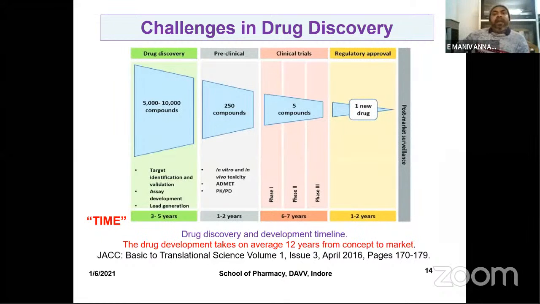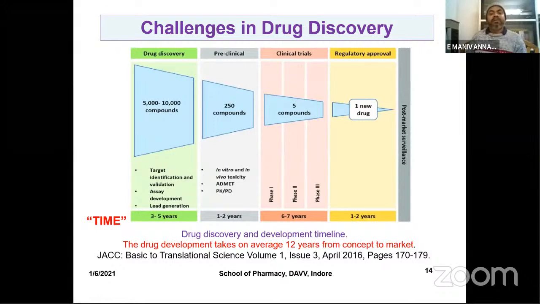Now, the second factor in challenges in drug discovery is the time factor. The drug discovery stages are drug discovery, preclinical trial, clinical trial, and regulatory approval. The preliminary stage, with target identification, validation, assay development, and lead generation, takes 3 to 5 years.